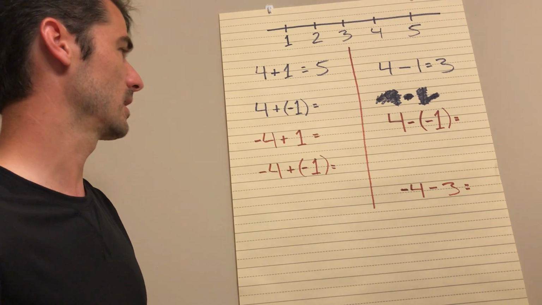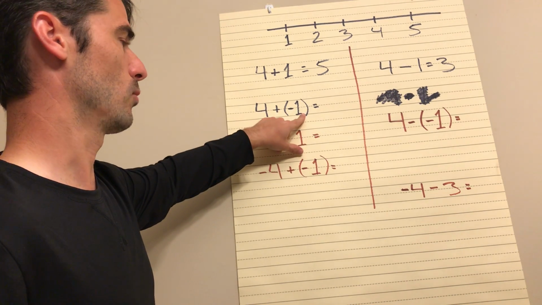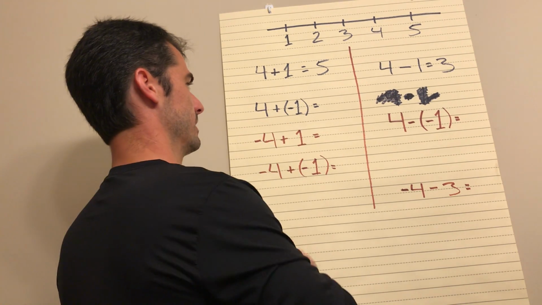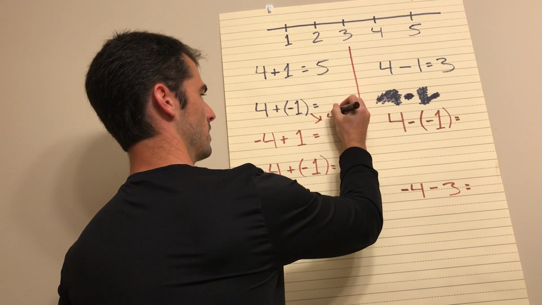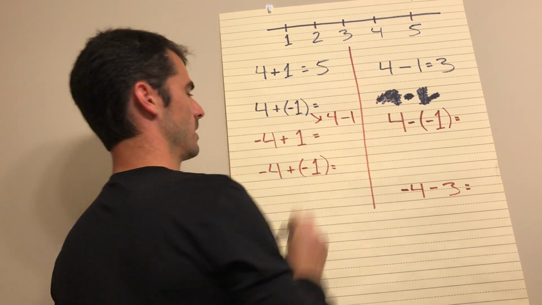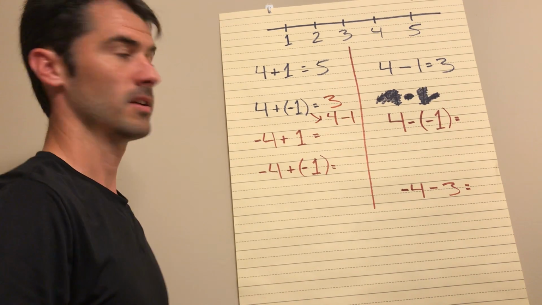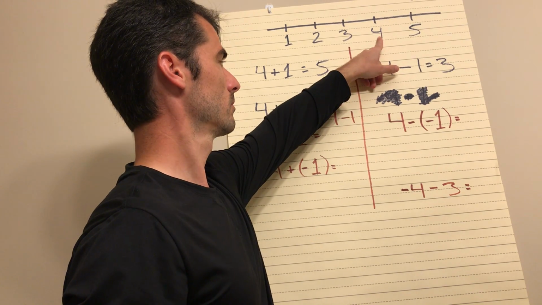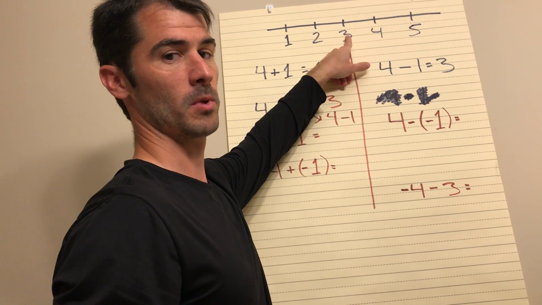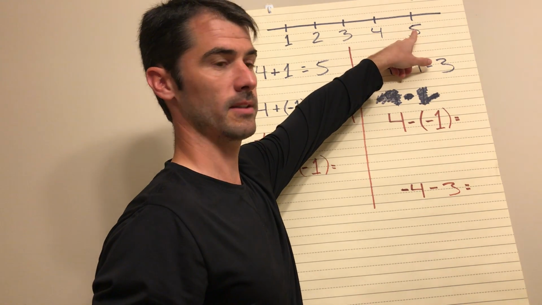So you can actually look at adding negative 1 as just 4 minus 1. That's 3. So again, adding negative 1 should bring us left on a number line versus 4 plus 1, which brings us to the right.